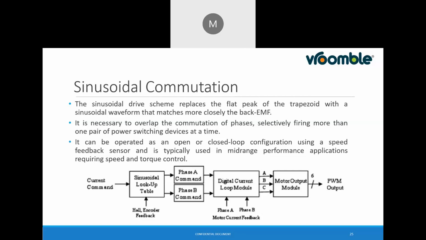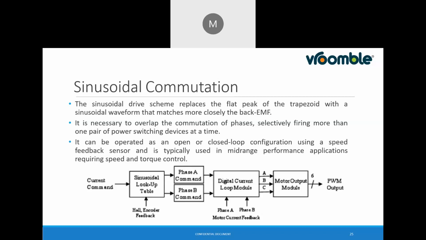Now, when we are going for a sinusoidal, mainly two-wheeler or the low-end vehicles are using this sinusoidal commutation, right? So what is the block diagram, or you can say the sequence of that? Generally you get a current command, that is basically a throttle input, which is given to the sinusoidal lookup table.